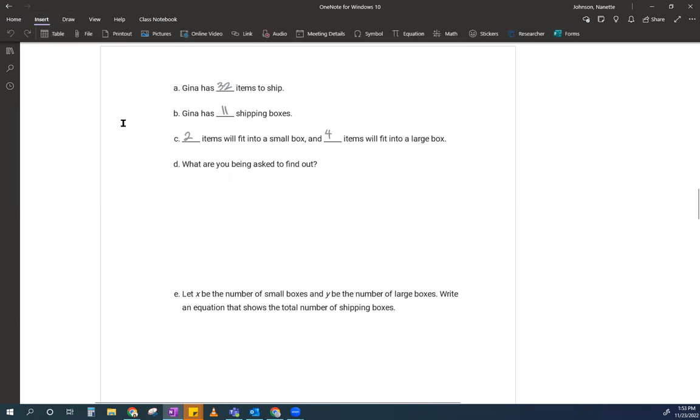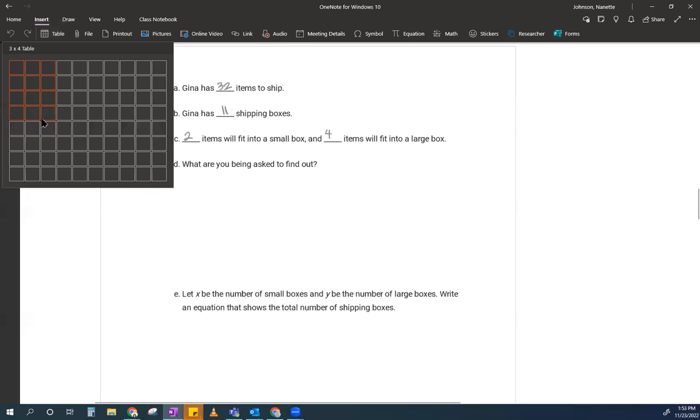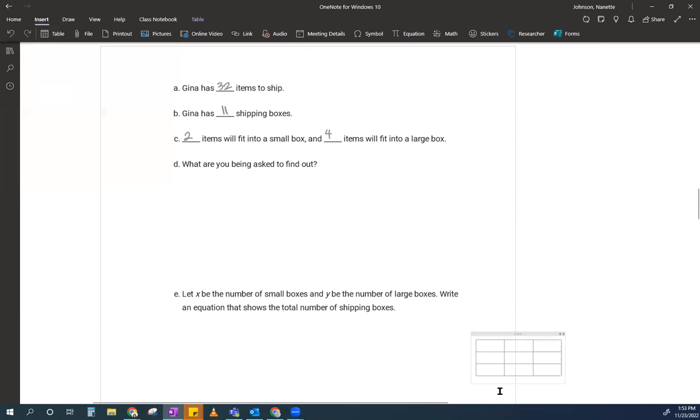Because that always helps me. So I'm going to make a table that maybe looks like this.